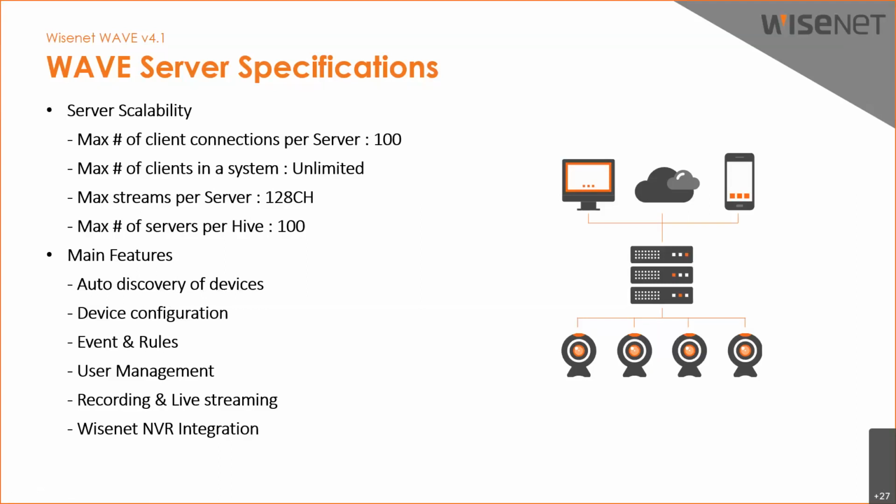Then you just select the camera and register it. Wave also supports device configuration, so you don't have to open the camera web page. You can configure almost every feature of the camera from the Wave user interface.